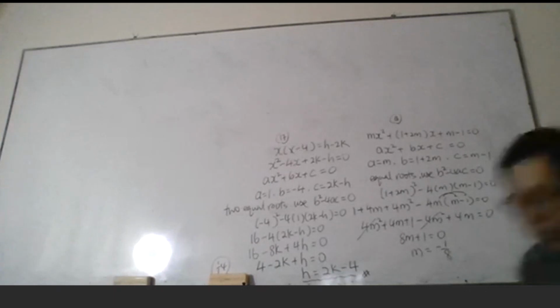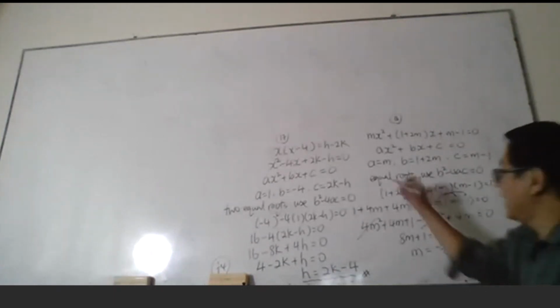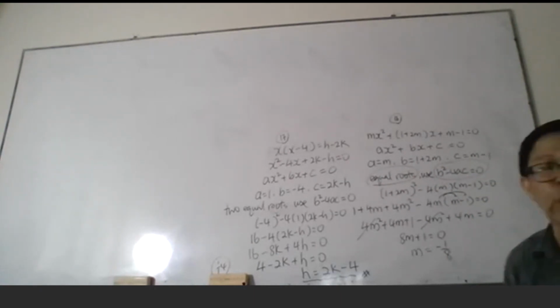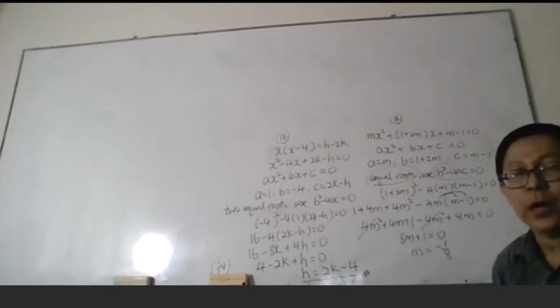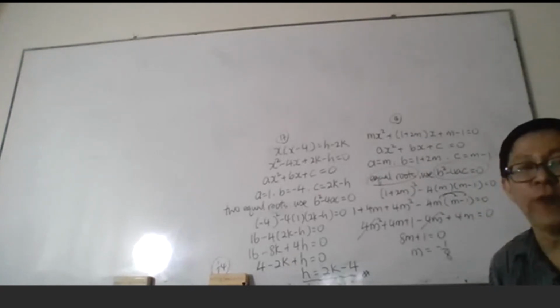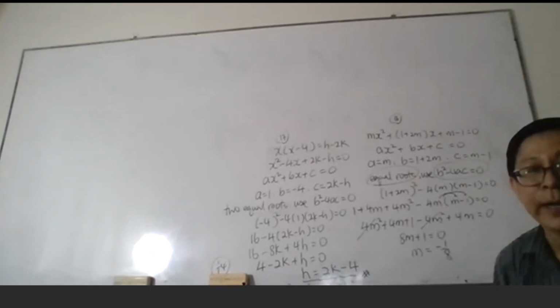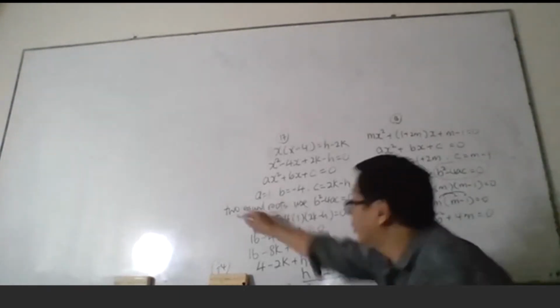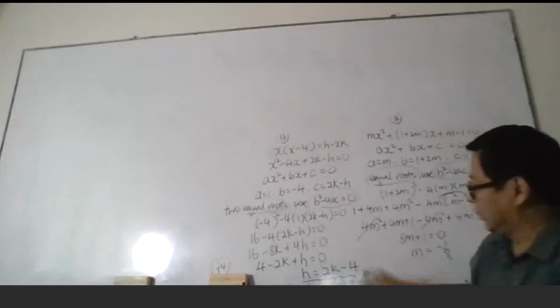I want you to remember that when the question says equal roots, it must be b squared minus 4ac equal to 0. For equal roots, the answer will not involve inequality, like more than or less than. For equal roots, the final answer definitely must be equal to something, here equal to 0.